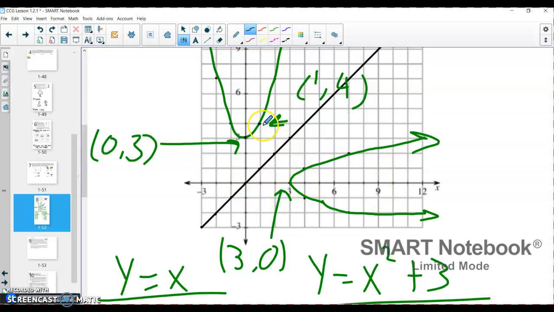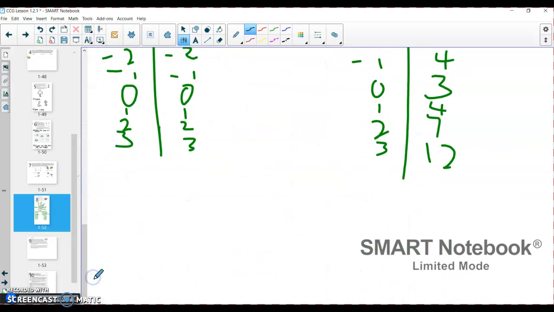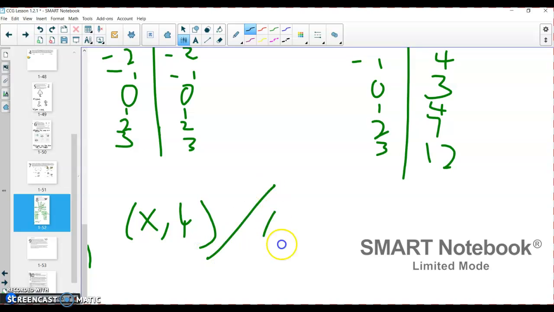Here, if we count that same point, which is this one right here, we went over 4, up 1. And so that changes to 4, 1. And so when you flip it over the diagonal there, we'll say it like this, x and y, and then you do the diagonal method, becomes y and x.